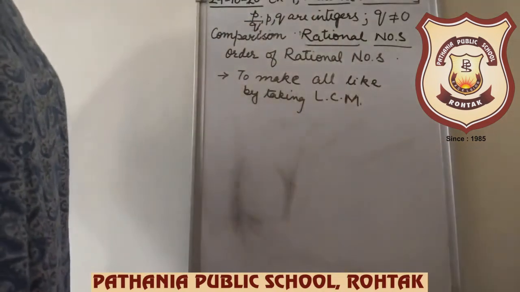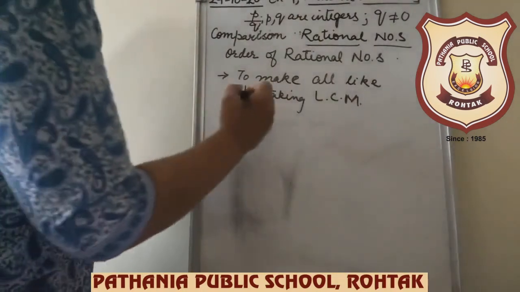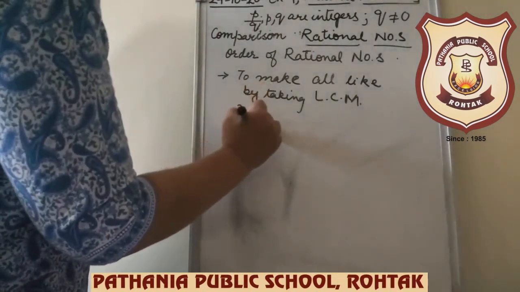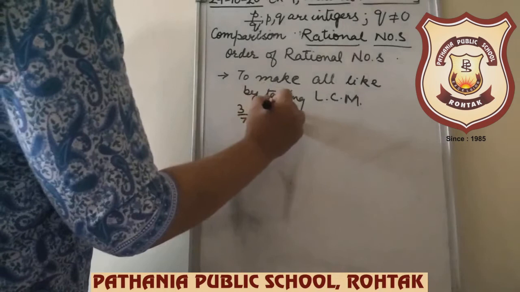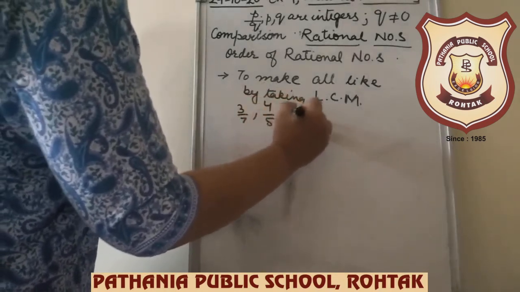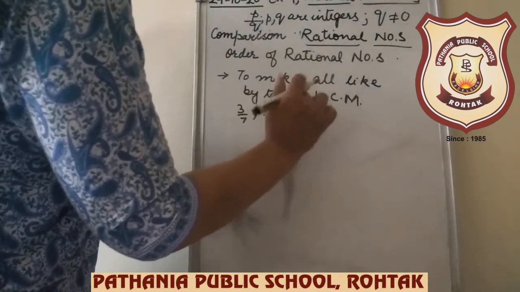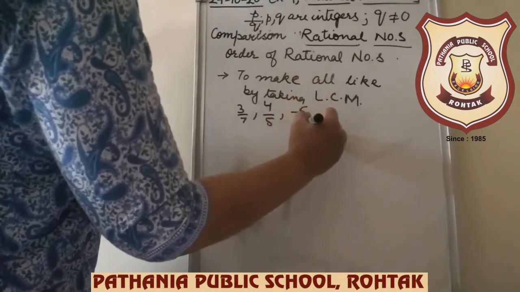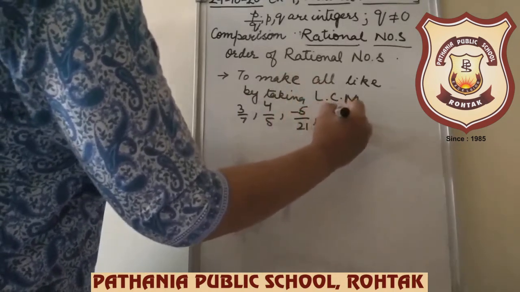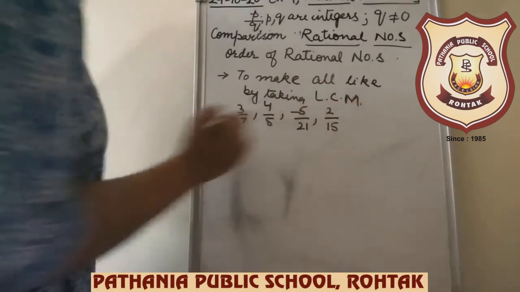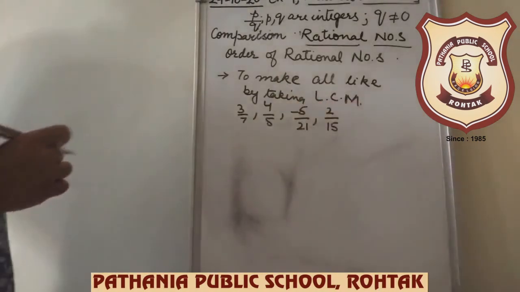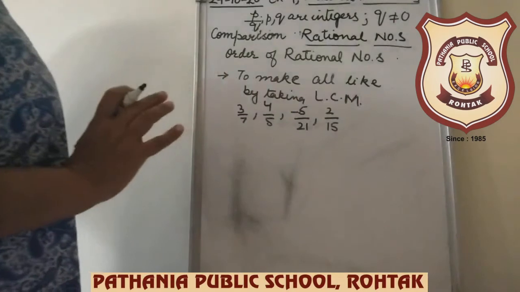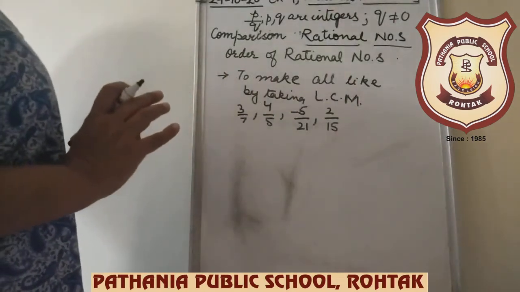Okay. I'll do one: you have 3 upon 7, 4 upon 5, minus 5 upon 21 and 2 upon 15. Okay. All are with different denominators.